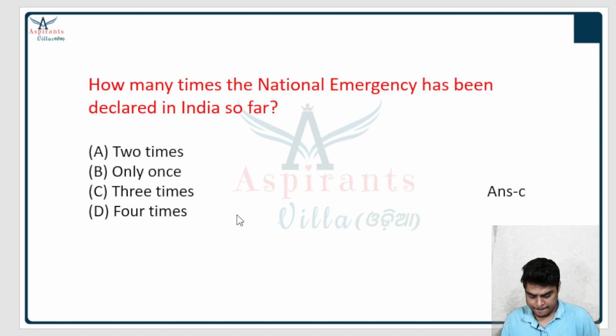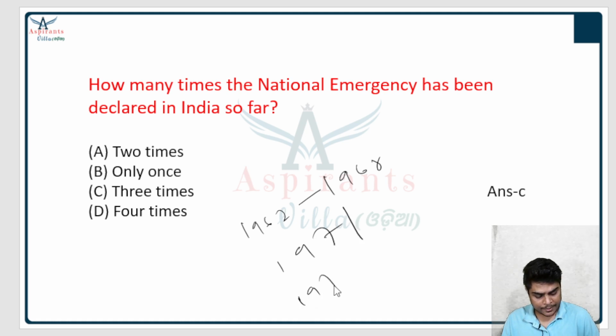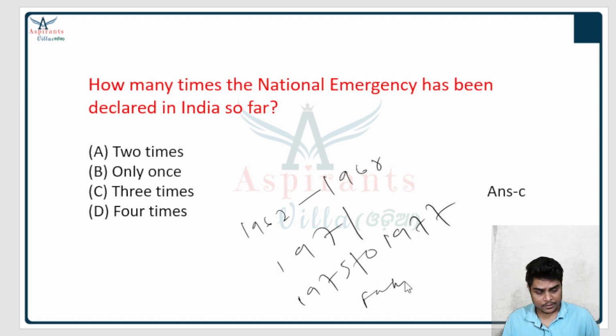The first was 1962 to 1968. The second was 1971. The third was 1975 to 1977, when the President was Fakhruddin Ali Ahmed.